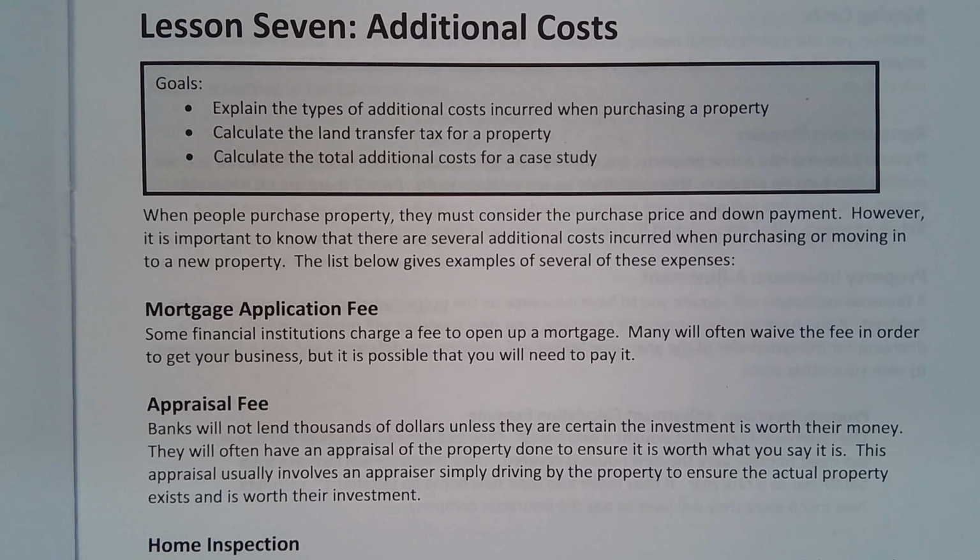We know so far, in terms of the topics that we've done, that we have to pay a monthly mortgage payment, because we have to pay back the loan from the bank. We also have to pay property taxes, which we learned a few days ago.